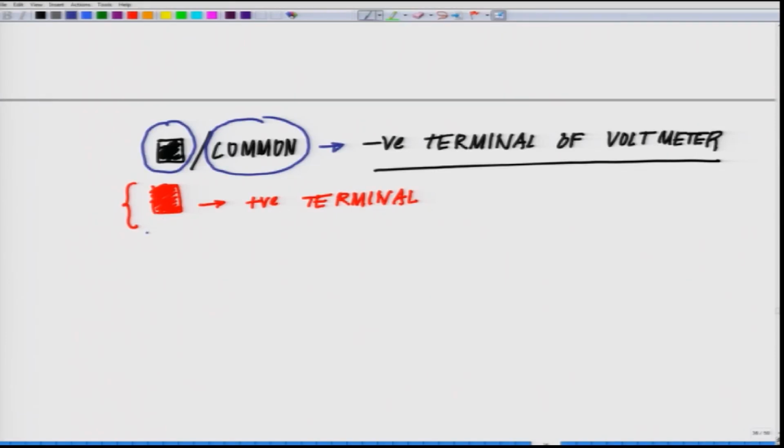When you see a socket like this, I will draw a socket for you. Something like this, you must have seen these kinds of sockets all the time when you use a pH meter.